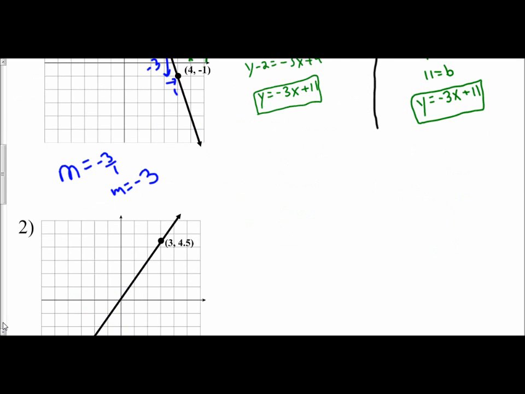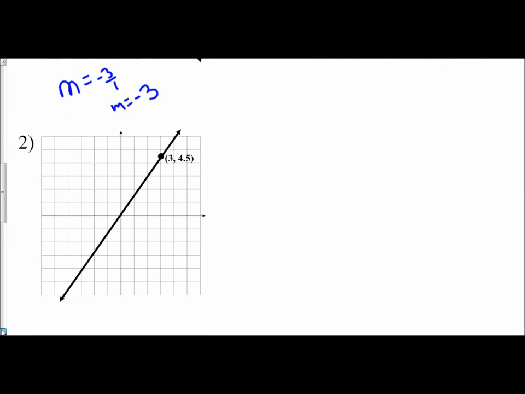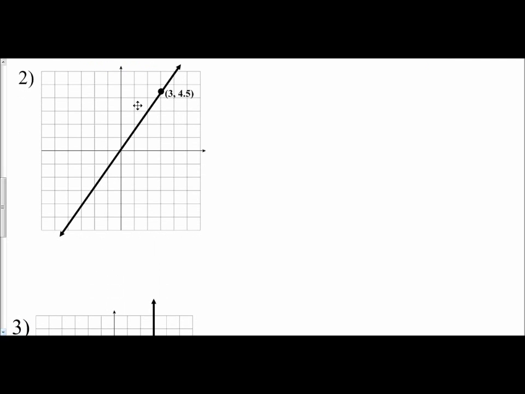So let's look at another example. Number 2. So here I have the point 3, 4.5. And so now we're going to find the slope-intercept form of this equation as we go through it.